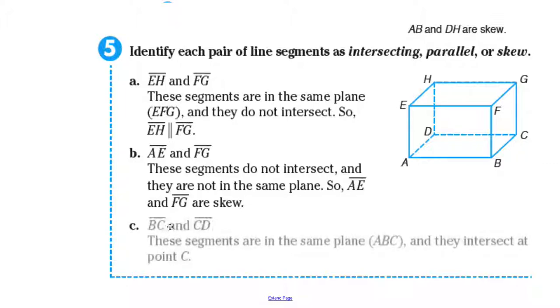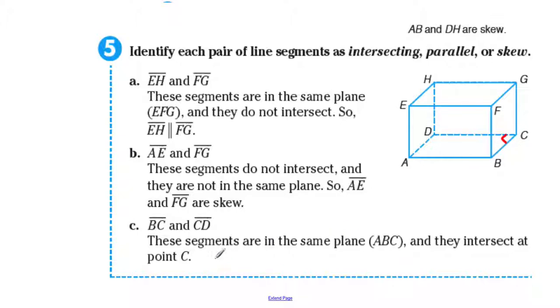And finally, segment BC right here and segment CD. If you notice, if this is a box, it will form a right angle right here. BC and CD, it will form a right angle there.